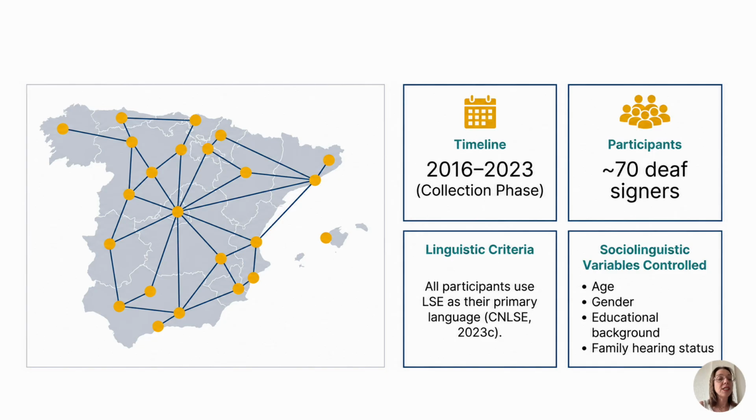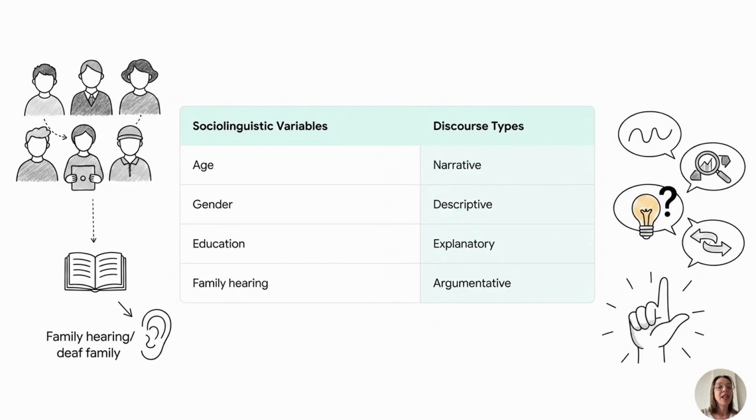And the crucial piece of the puzzle here is who they were recording. The project involved about 70 deaf signers from 17 different locations all across Spain. This guarantees that the audiovisual material they generated is deeply and natively authentic. To make sure the sample was truly representative, the researchers didn't just grab anybody.